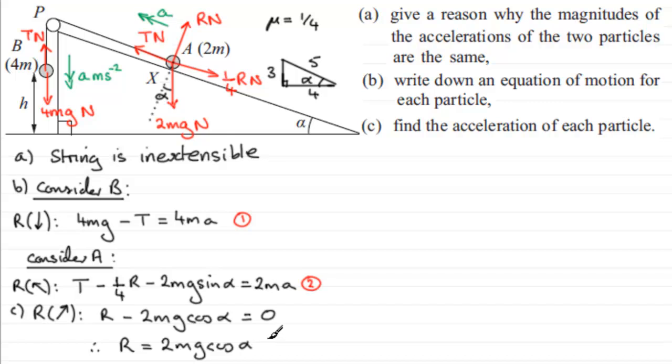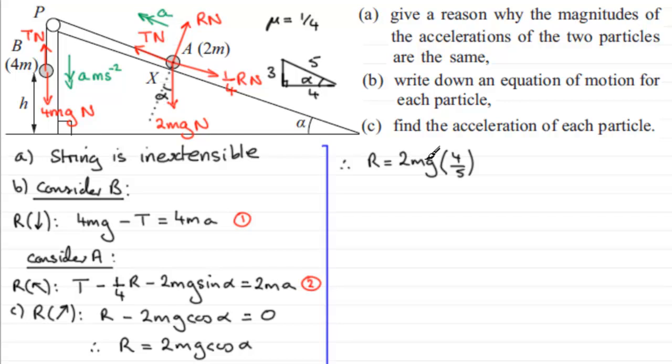Okay? And if we just carry this on down here, let's just move this over, give us some space. Okay, I can tidy this up because we now know that cos alpha is 4/5, adjacent over hypotenuse. So therefore R is going to equal 2mg multiplied by 4/5.